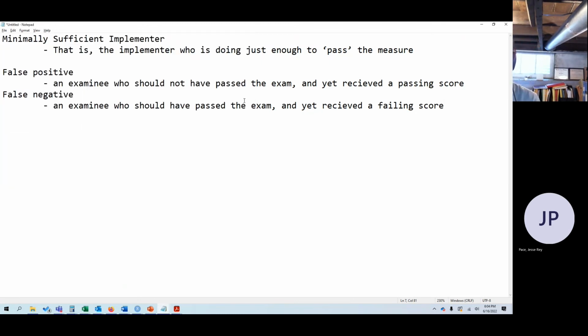So these are some important terms to keep in mind. Just generally speaking, as you decrease your chance of one of these errors, you increase your chance of the other.